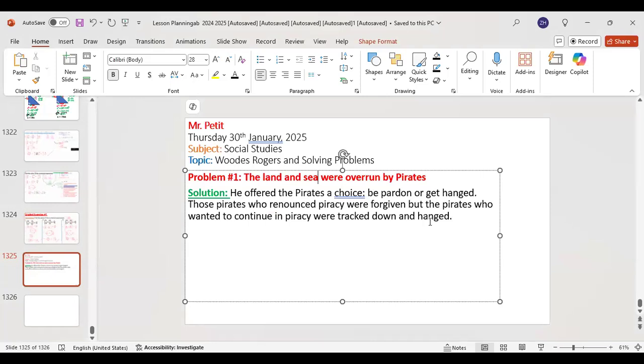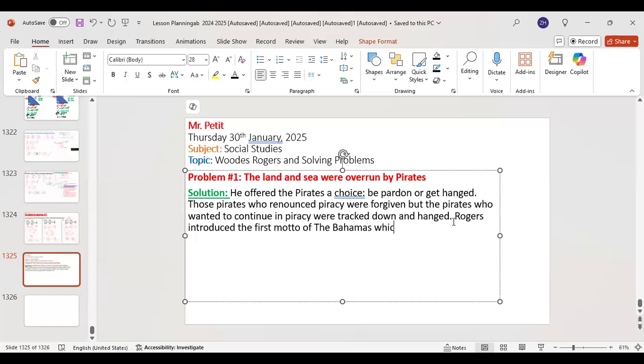Rogers introduced the first motto of the Bahamas.